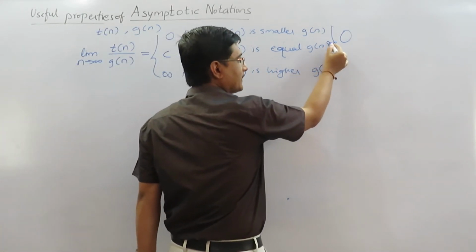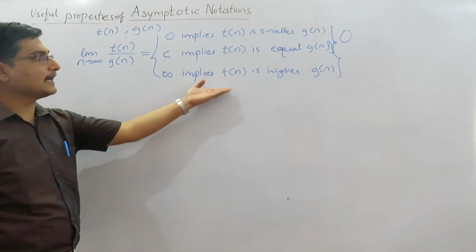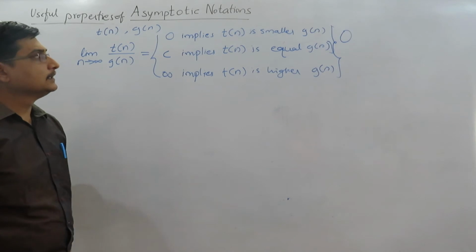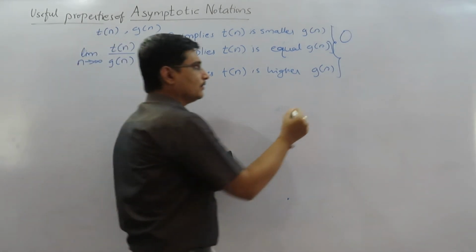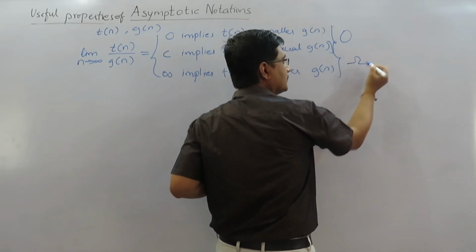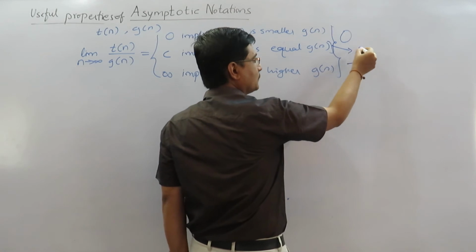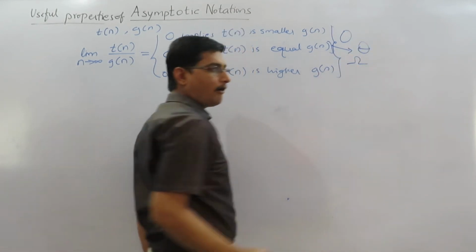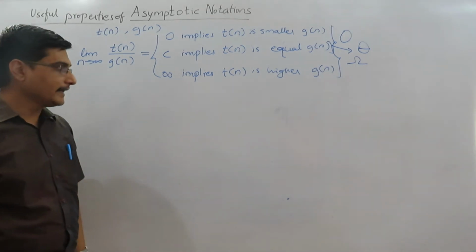If these two are the cases, then because it is higher order, T of n belongs to big omega of G of n. If it is a constant, we can say that T of n belongs to theta of G of n.